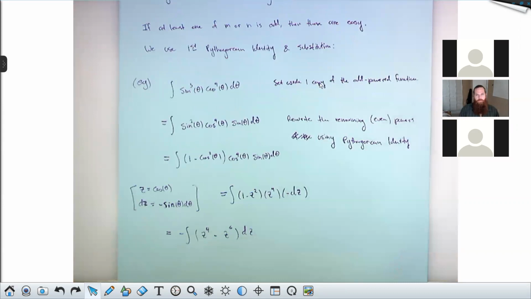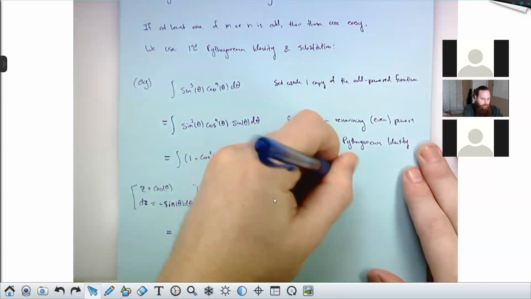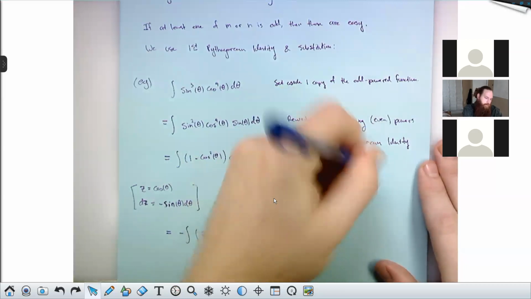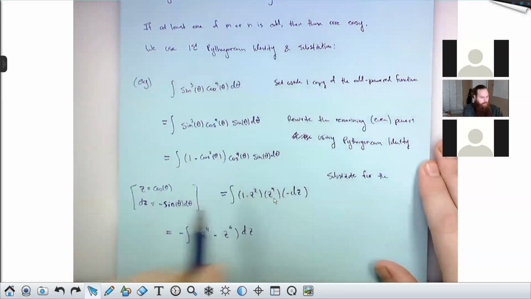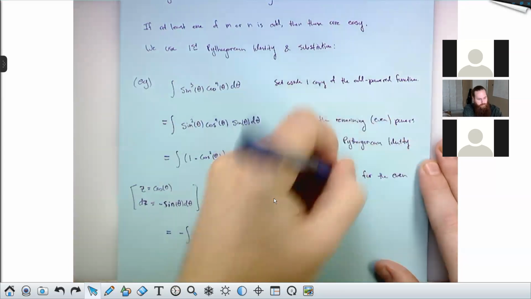So what we did, we set aside one copy of the odd-powered function, and then we rewrote the remaining even powers using the Pythagorean identity. So here, rewriting sine squared as 1 minus cos squared. Then we substitute for the function that makes sense, right? Substitute for the even powered function.